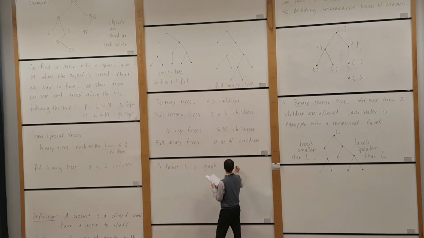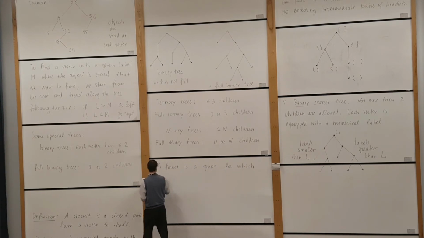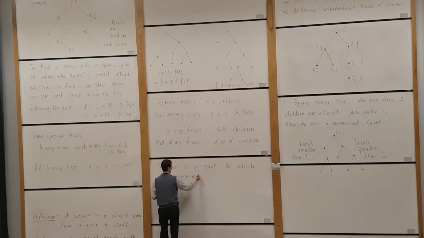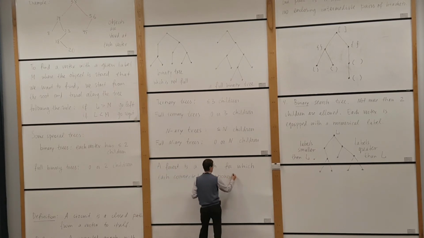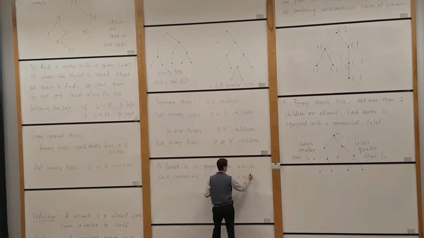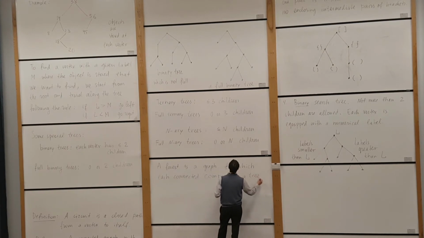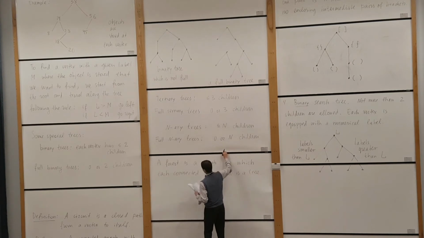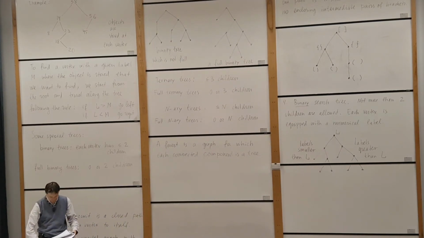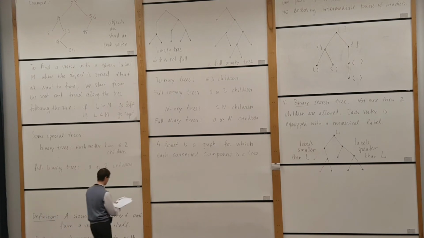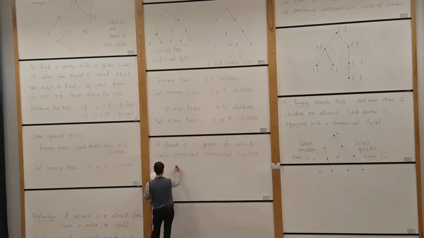For which each connected component is a tree. And it does really look like a bunch of trees growing downwards. Here's an example.